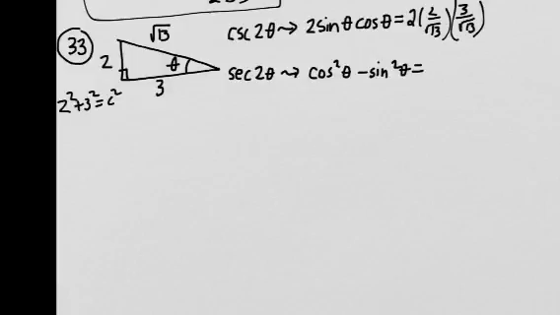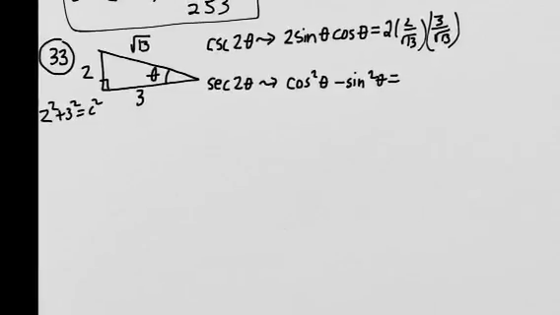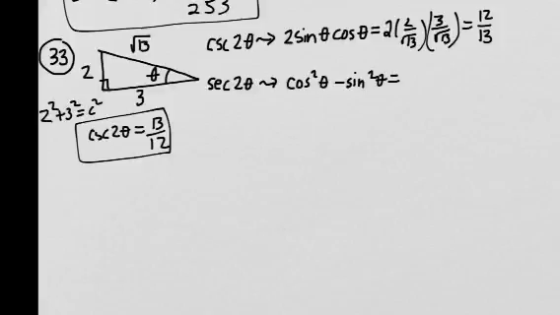When you multiply these together, you get 2 times 2 times 3 in the numerators, so that's 12, and the denominator is 13. So this tells me that cosecant 2 theta is the reciprocal, 13 over 12. So there's the first answer right there.